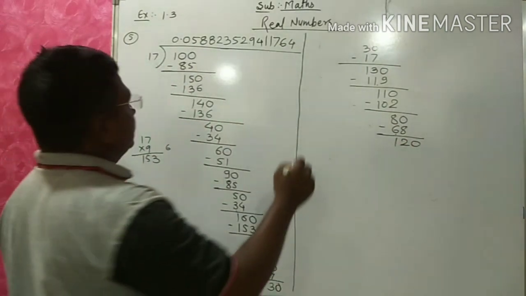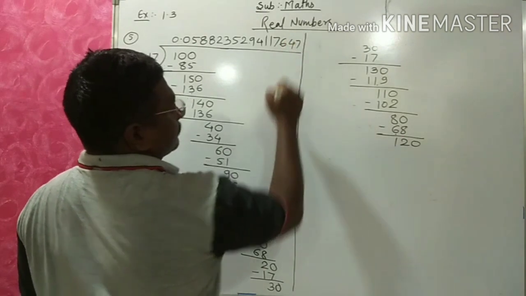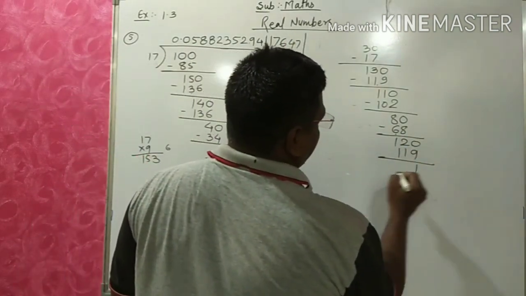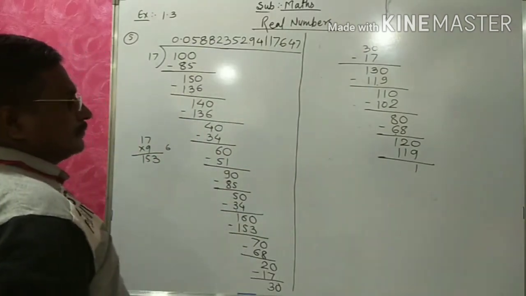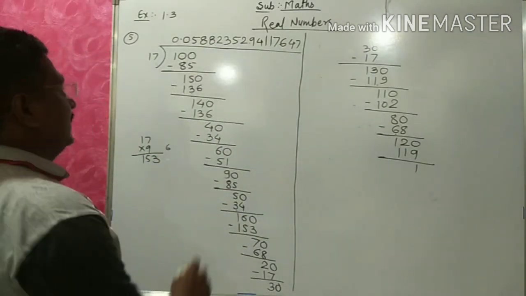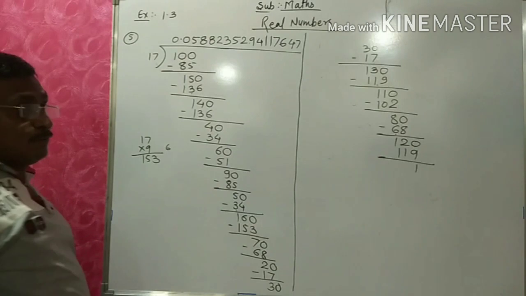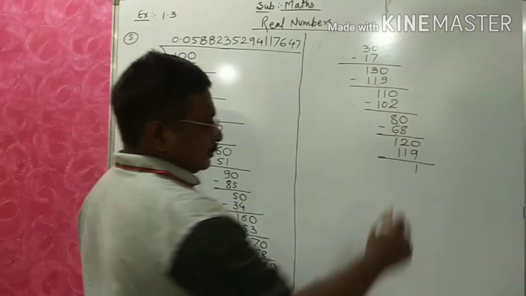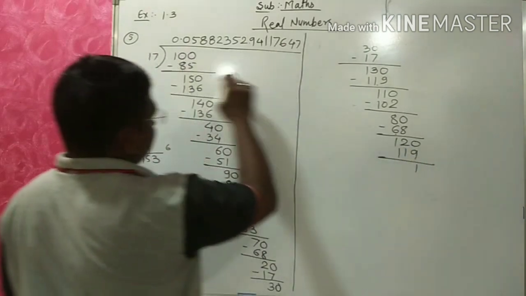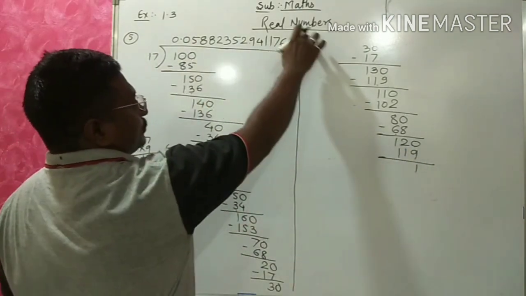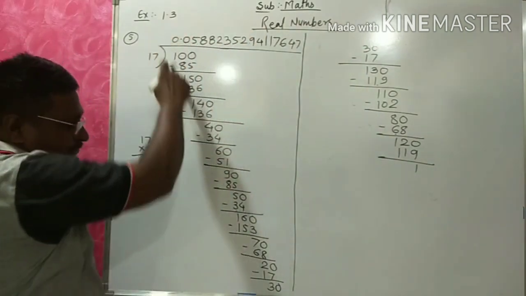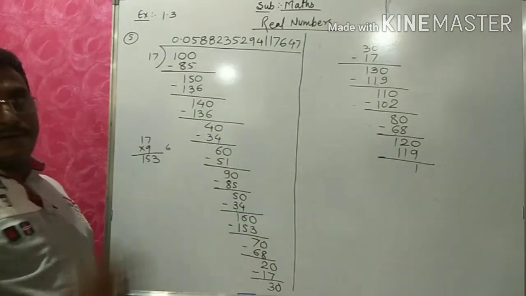So 17 7s are 119, 1. Now see, the previous number was 1. Now the remainder we got is 1. So here again we take 0, since it is not divisible. Then 100, again 5. Means the same procedure will repeat again.